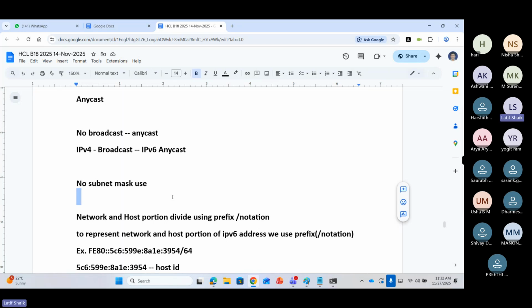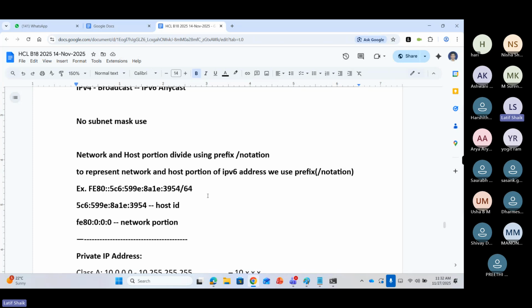Okay, the prefix method, or slash notation method, represents the network portion. If you see an IP address written with /64, it means the first 64 bits in binary belong to the network portion.